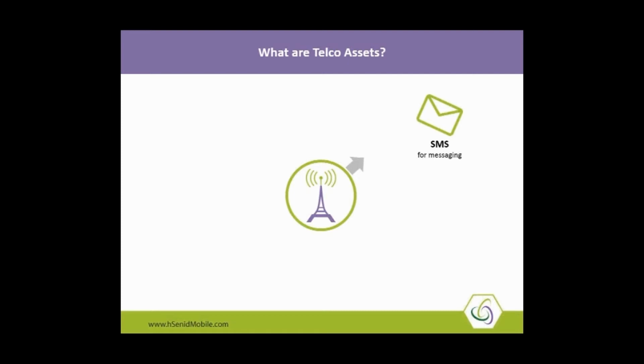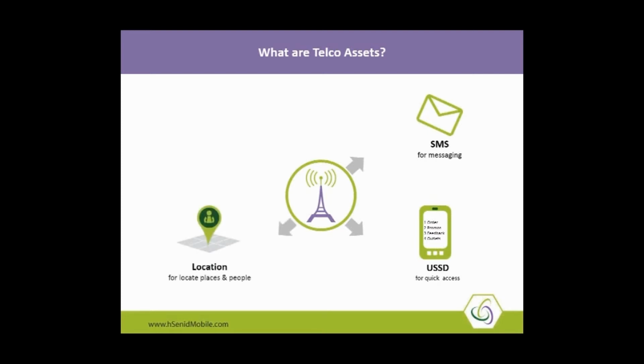Things like SMS, USSD. I'm sure everybody would have used USSD. Even if you don't know what USSD is, it's something similar to an SMS, but it starts with a short code, for example, *#141#. That's a USSD shortcode. It comes up with an interactive menu. And then location-based.